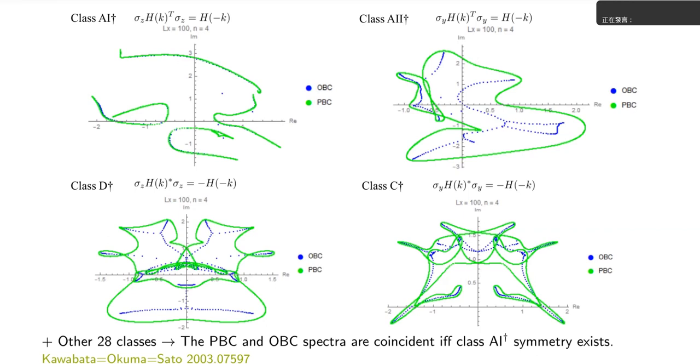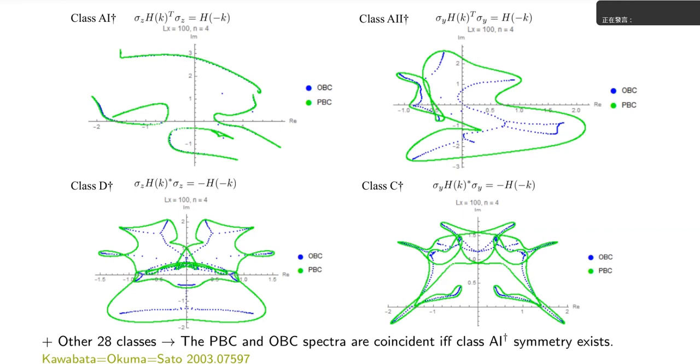Okay. And this is only limited to numerical observation, but it can be proved mathematically.